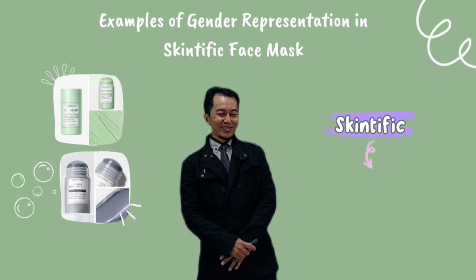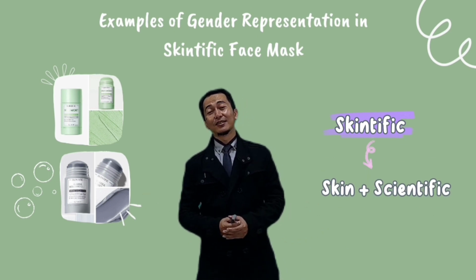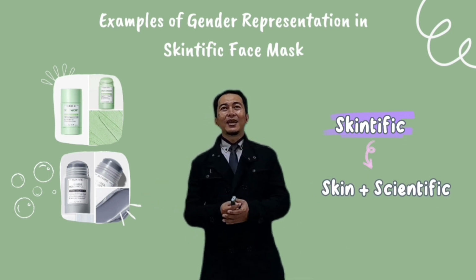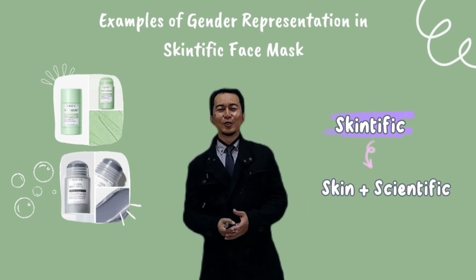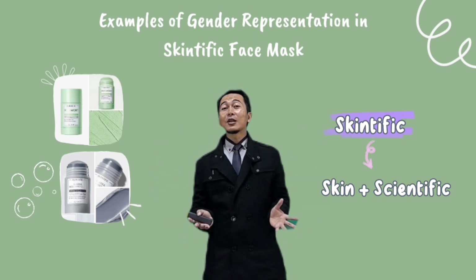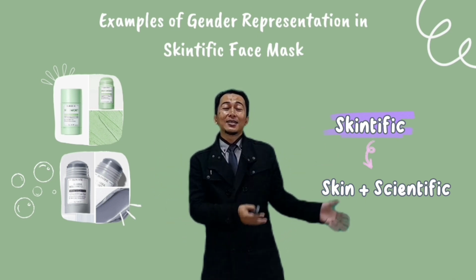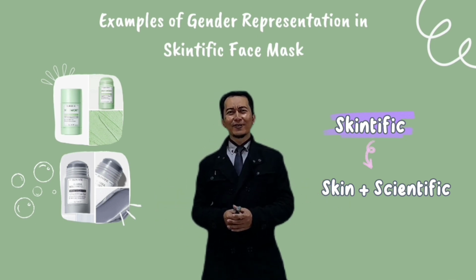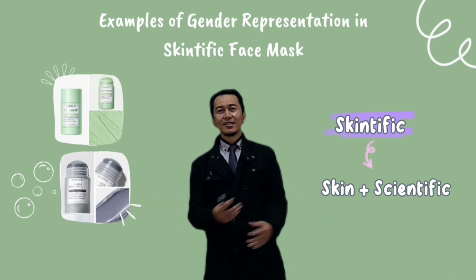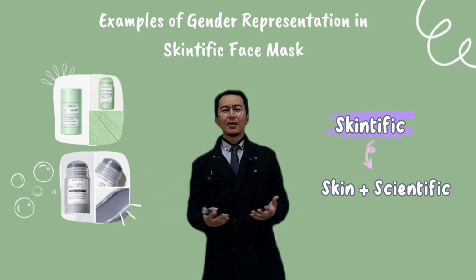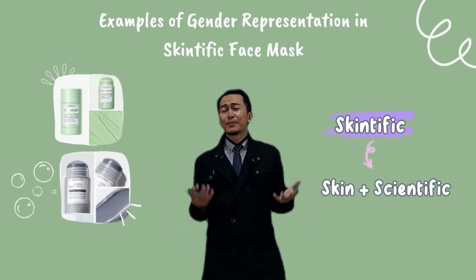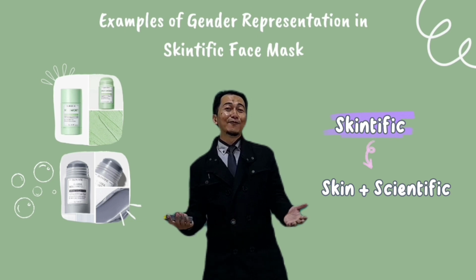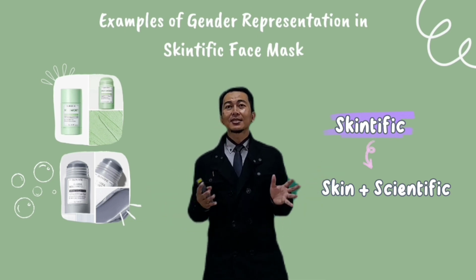Scientific is skin. The root form is skin. And tific, what is tific here? Because in science we know scientific, scientific is the adjective of science, but Scientific, okay, the science of skin. Is there any science of skin? Dermatology is the term for skin, but this is Scientific.